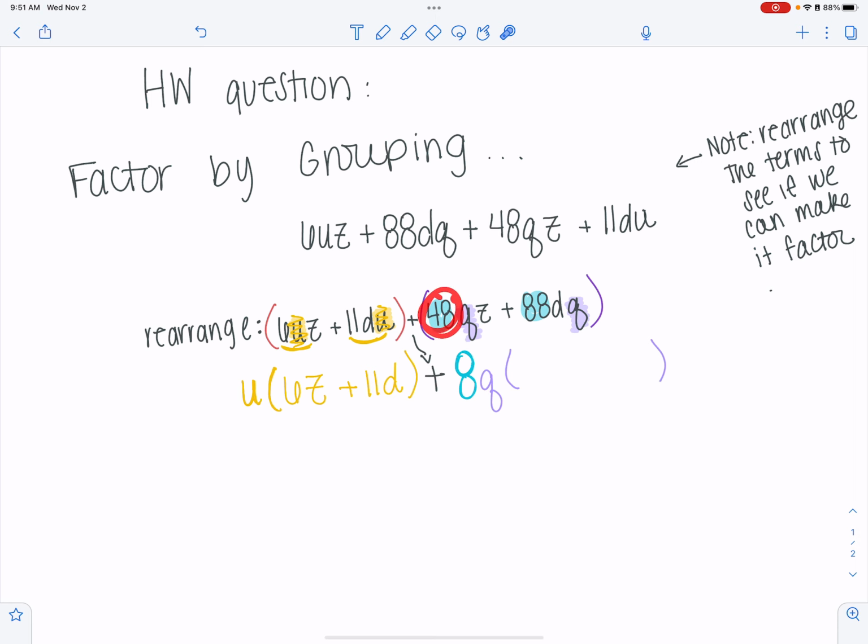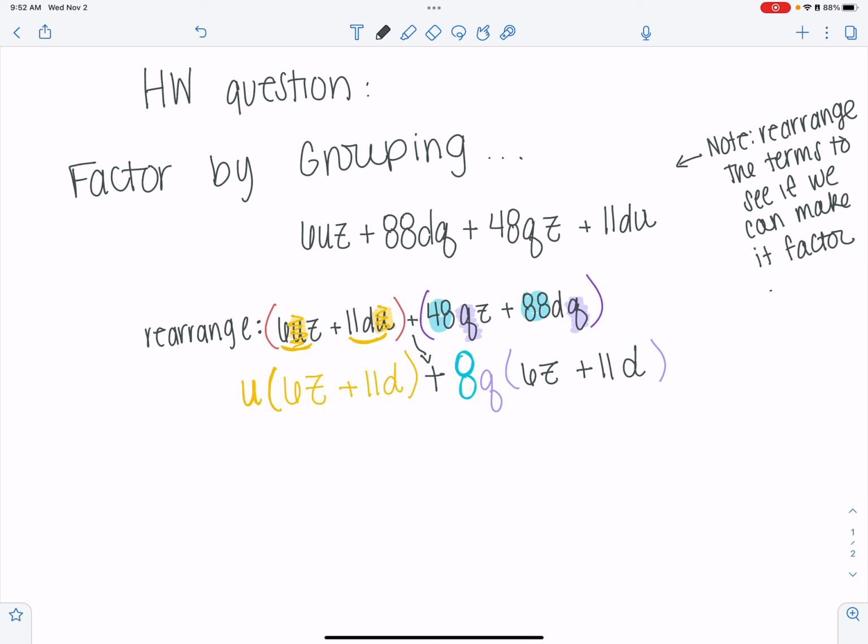So I've got 48, divide by 8 is going to give me 6. qz, take out the q, is going to give me z. The second one in that parentheses, 88, divide out the 8 is going to give me 11. And then dq, take out the q, is going to leave me with d.